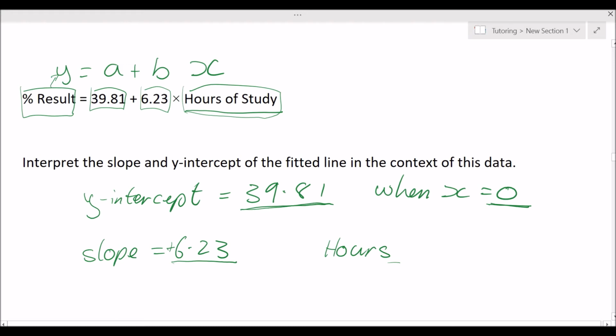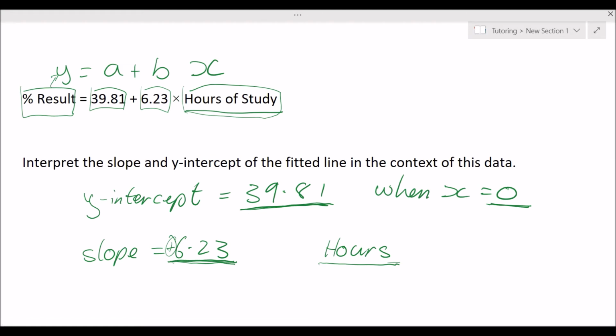Okay, so if you do no study, you're predicted to get a result of 39.81. If you do 1 hour of study, that adds 6.23 to your predicted result, according to this model. So that's what the slope means. So for each increase of 1 unit in the x variable, we have got an increase in the response variable. Increase because it's positive. Of course, if it was a negative value, it would be a decrease.